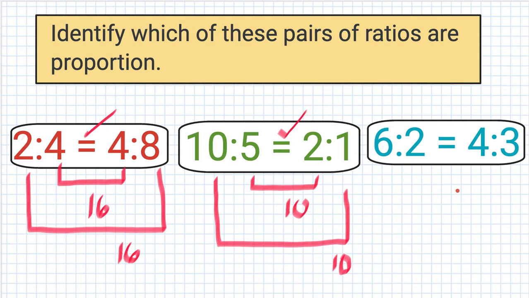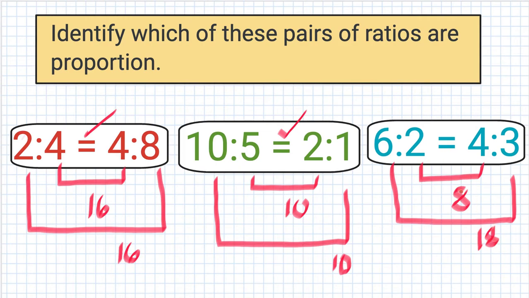Now let's have the third example. Are the two ratios here proportion? Let's try to see. 2 times 4 is 8. 6 times 3 is 18. 8 is not equal to 18. So therefore, 6 is to 2 is not equal to 4 is to 3.